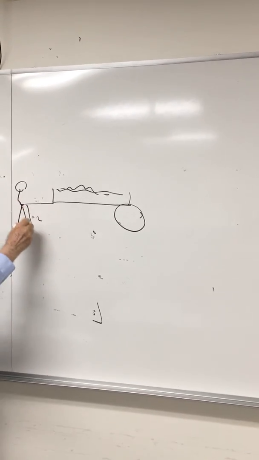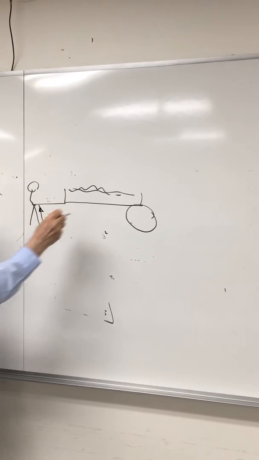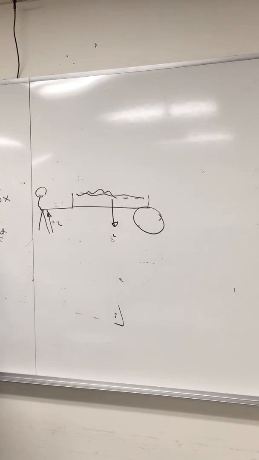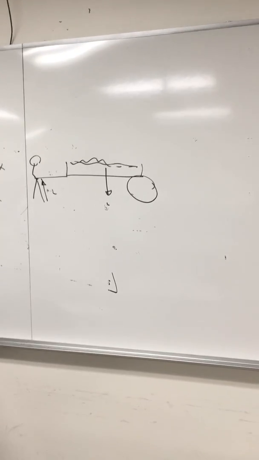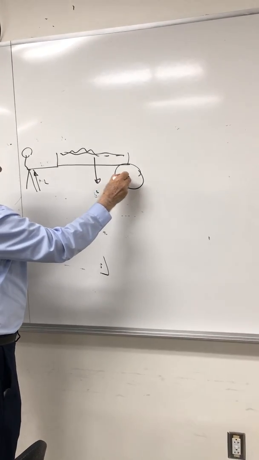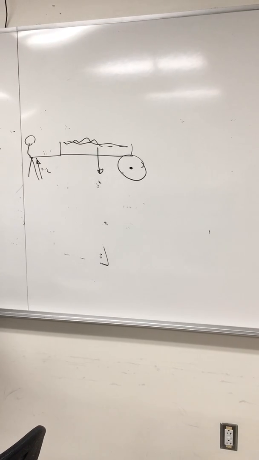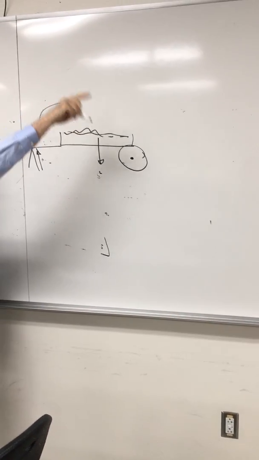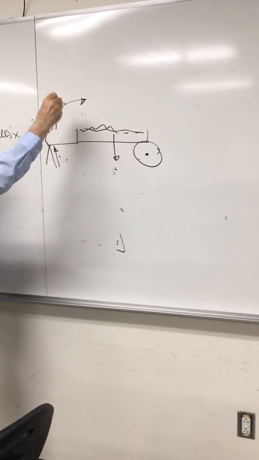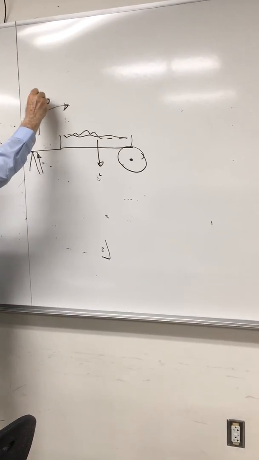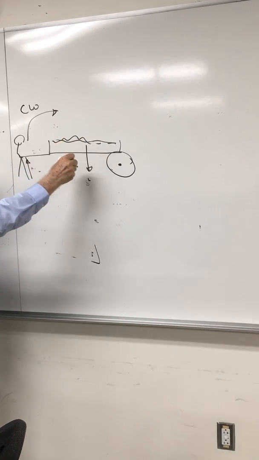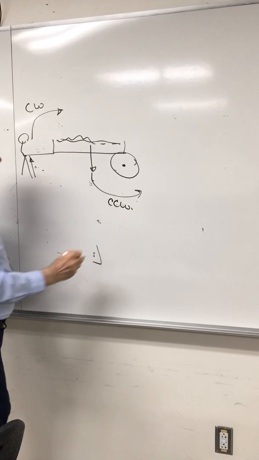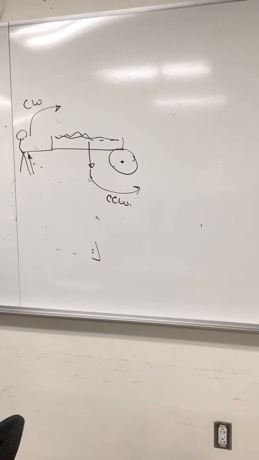This person applies an upward force here, and the weight in this problem is concentrated where the dirt is in the wheelbarrow. The rotation point is right there. The person pushing up is trying to get the thing to rotate clockwise, and the dirt would cause a rotation going this way, counterclockwise. There are two torques that have to balance out.